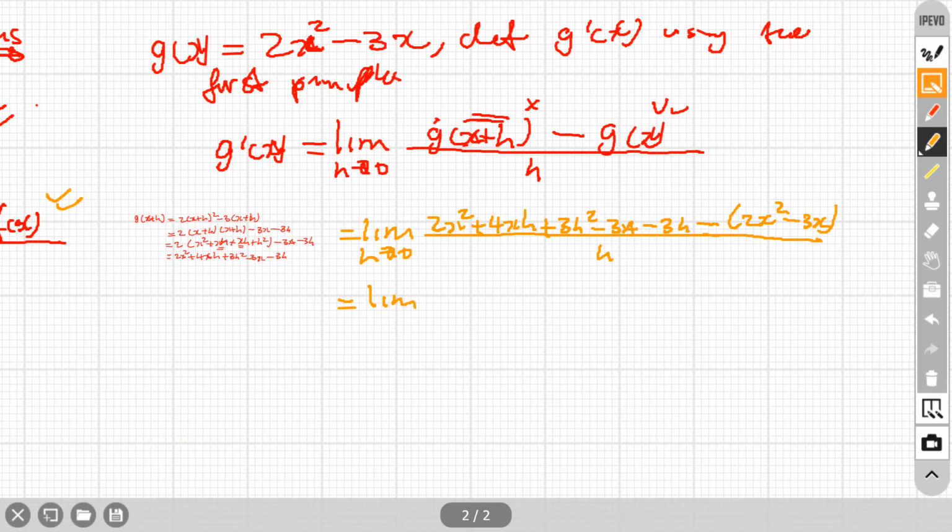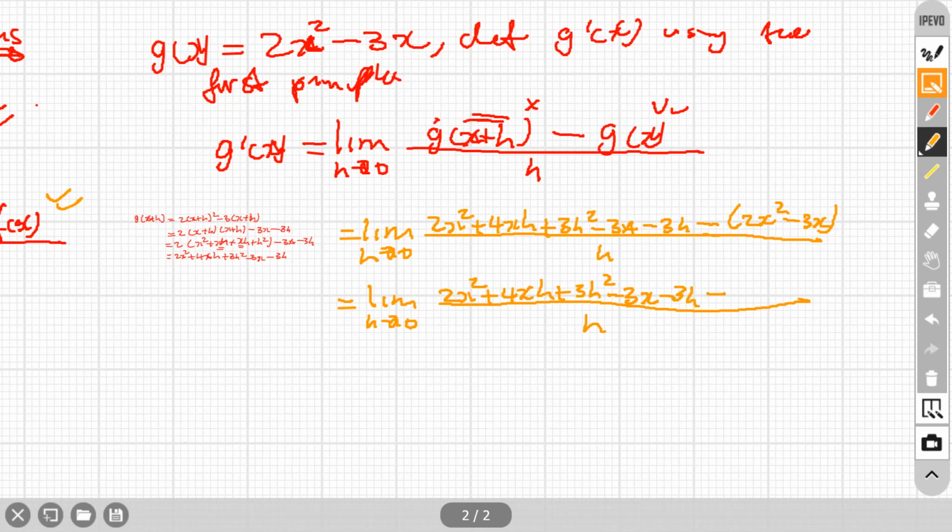Then we simplify on top, we get lim. Remember guys, you go with your lim until the point whereby everything is simplified. So h approaching 0, at the bottom it's h, then on top is going to be 2x squared. The first part remains the same, which is 4xh plus 2h squared minus 3x minus 3h.